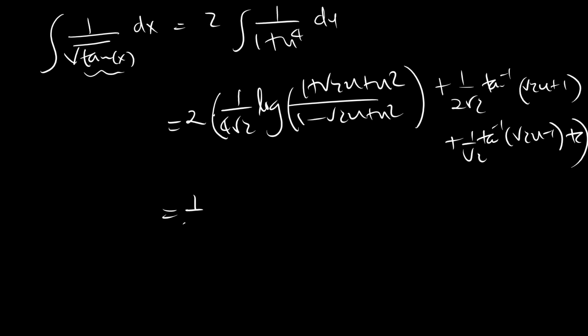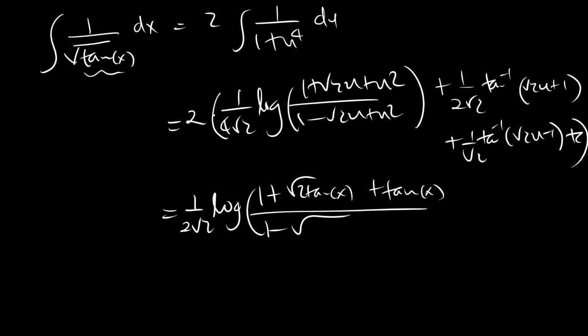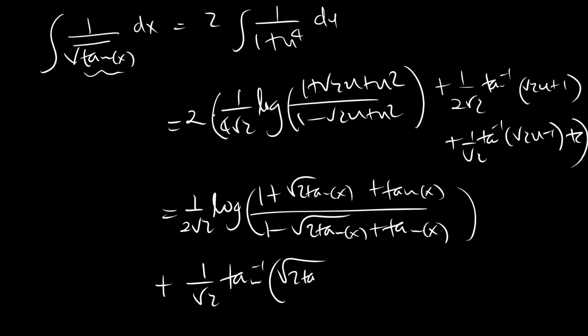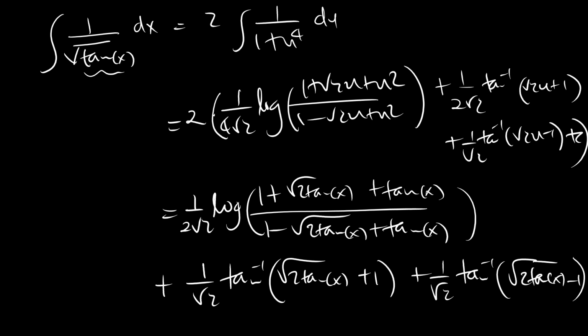So we have 1 over 2 root 2 natural logarithm of 1 plus root 2 tan x plus tan squared x over 1 minus root 2 tan x plus tan squared x, plus the arctangents, plus c. And that, ladies and gentlemen, is our answer.